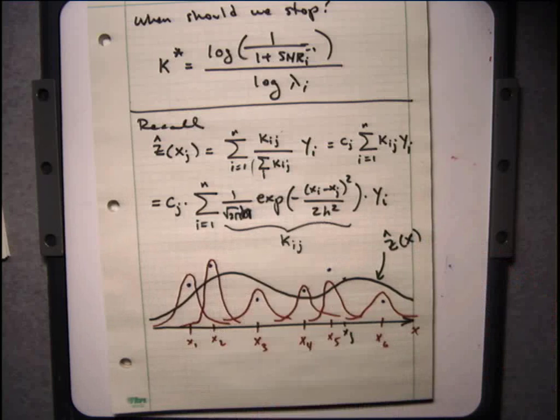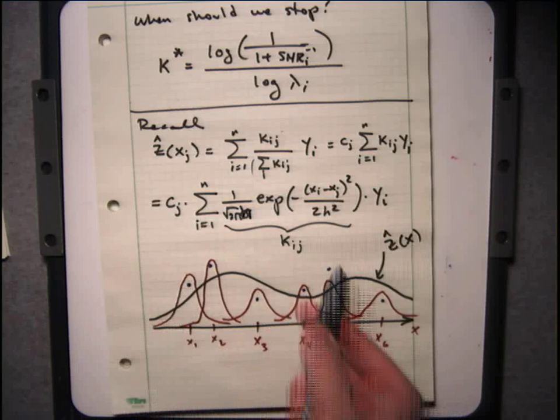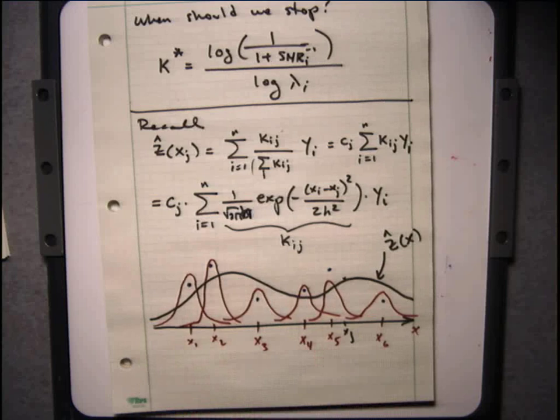If your kernel is a Gaussian, which is very smooth, then a linear combination of all these Gaussians is also going to be smooth. So no matter how jumpy these points are, this curve is going to be smooth. It's going to be differentiable to the same degree that the Gaussian is differentiable.